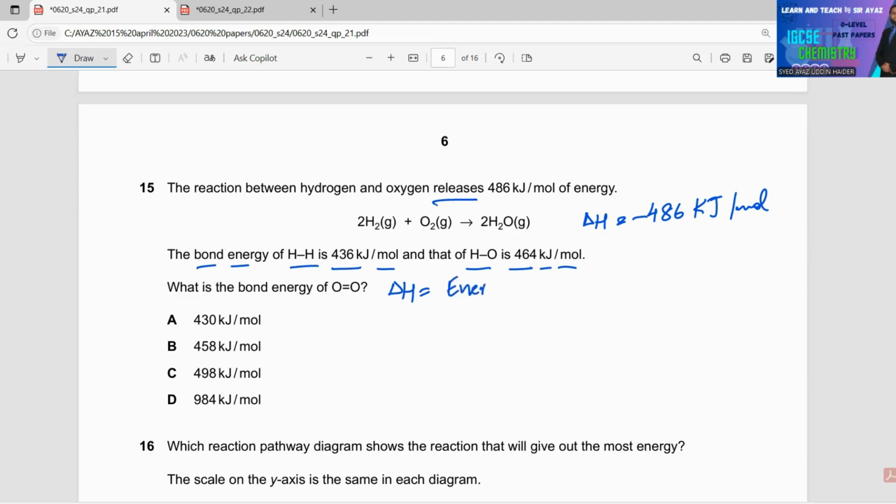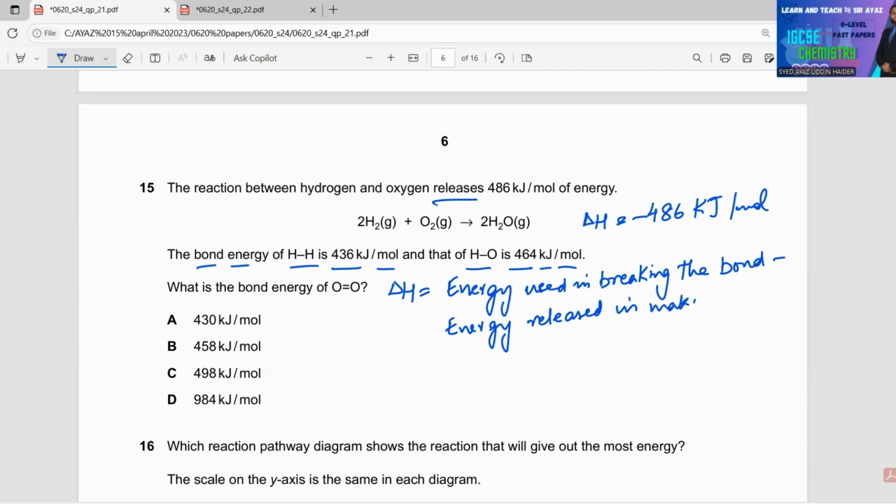Energy used in breaking the bond minus energy released in making of bond. So delta H is provided. It's minus 486. I'm going to write it down here. Minus 486. Energy used in breaking the bond.